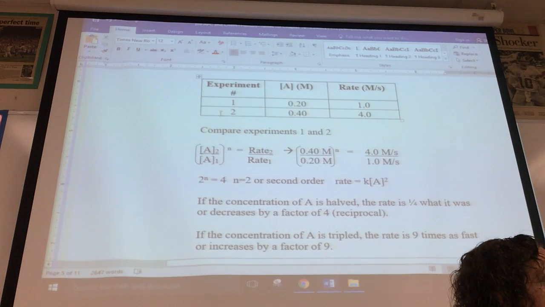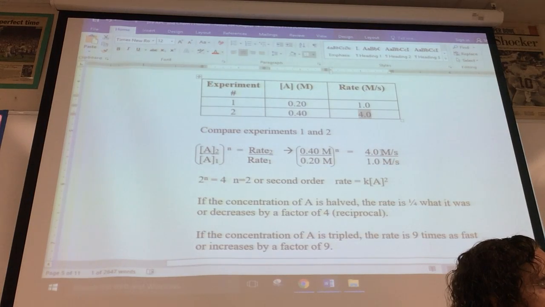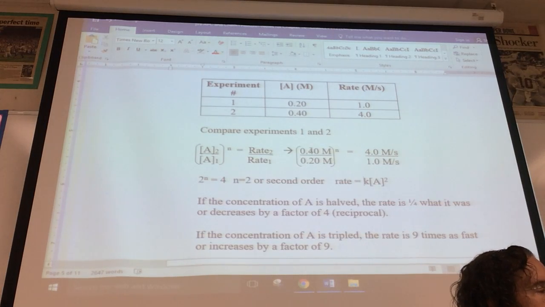So I'm going to plug in experiment 2's concentration, experiment 1's concentration to the n, rate 2's quantity to rate 1's quantity, and then I'm going to solve it.